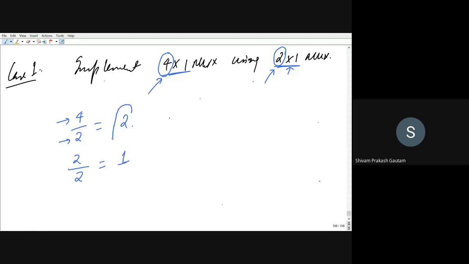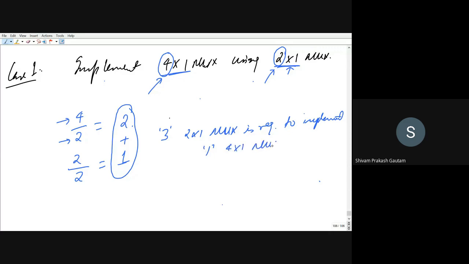So how many total 2x1 multiplexers are required? That is the addition of these two, 2 plus 1. So 3 2x1 muxes are required to implement 1 4x1 mux, right?